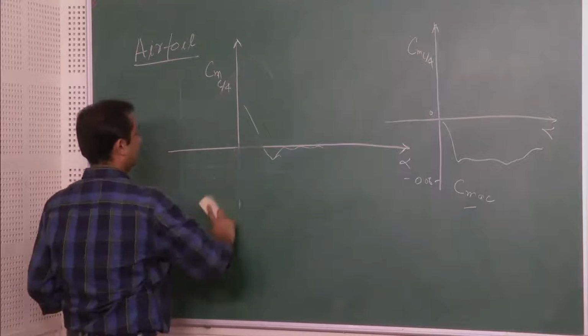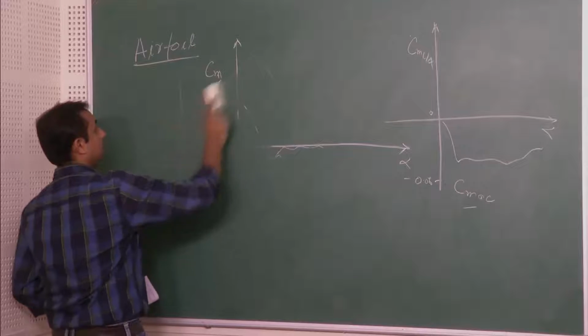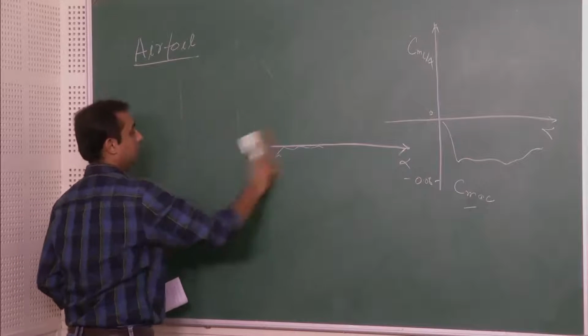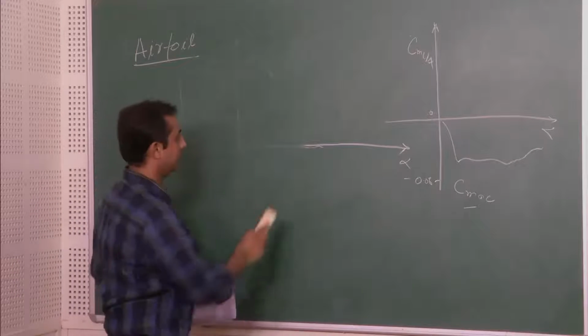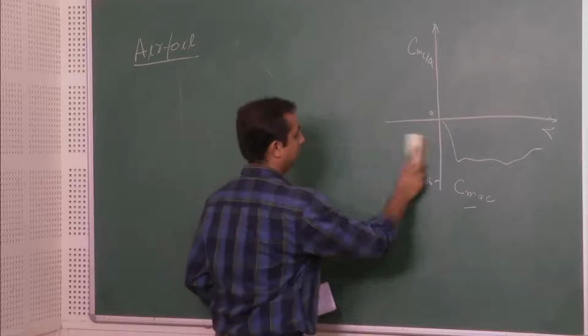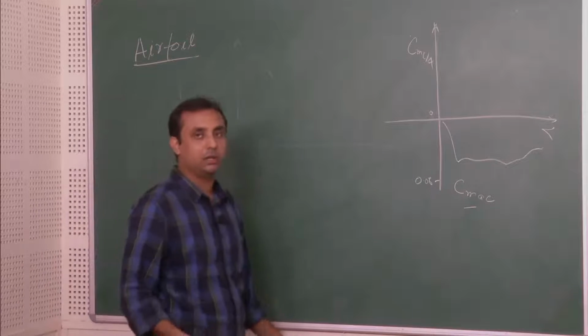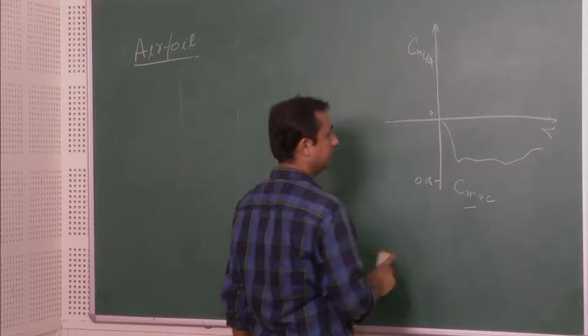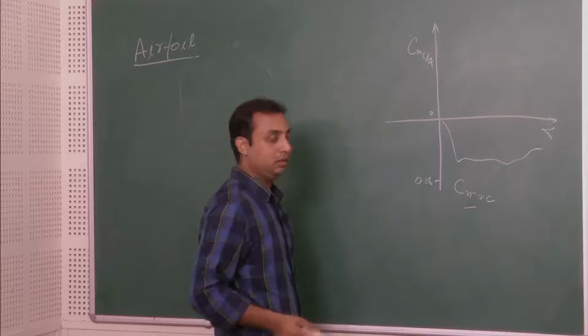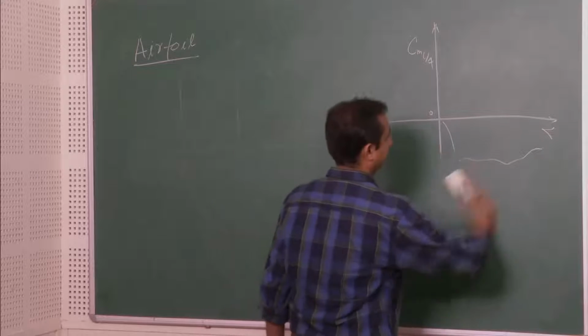So, these are the three main graphs which are helpful in order to go forward with my design process, because your wing as well as tail will be using some sort of airfoil, either symmetrical or cambered, and these are the parameters required in order to go for a good design.